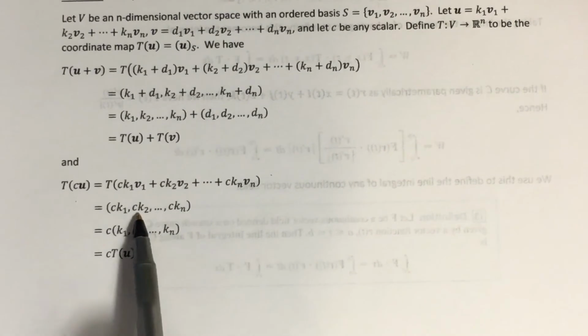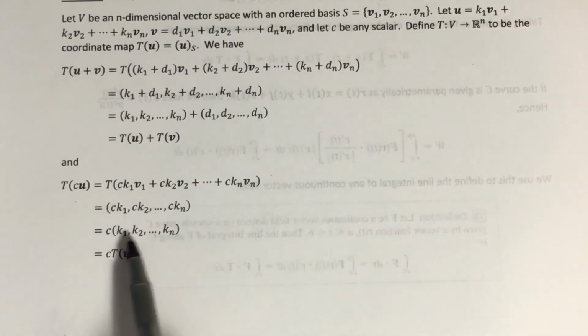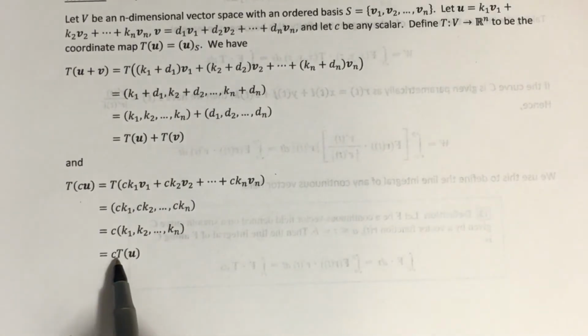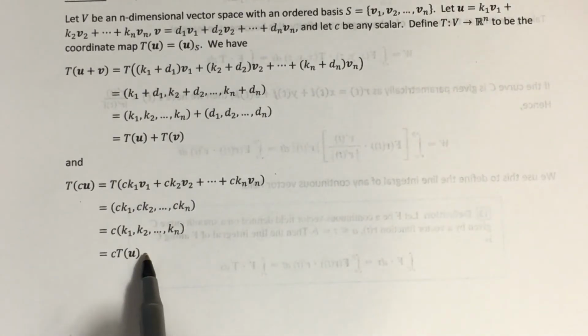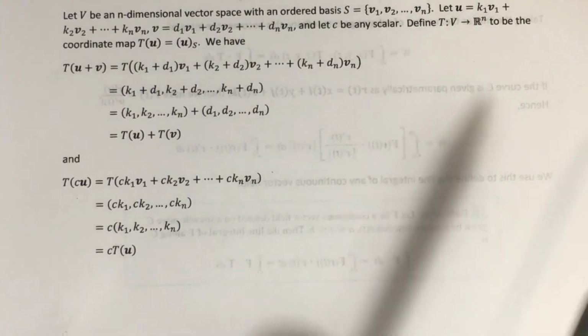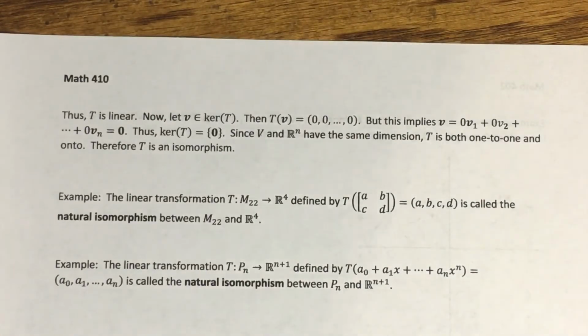So that becomes the coordinate vector. But because C shows up in each one of these, the C can be brought out using the scalar multiplication that's defined on Rn. So this is equal to C times the coordinate vector for U, which can be written this way, C times T of U. Again, homogeneity. The C is able to be brought out. So that means that T is linear. Okay, T is linear.